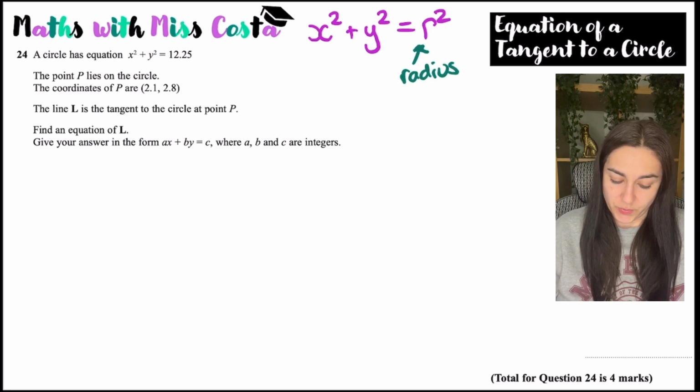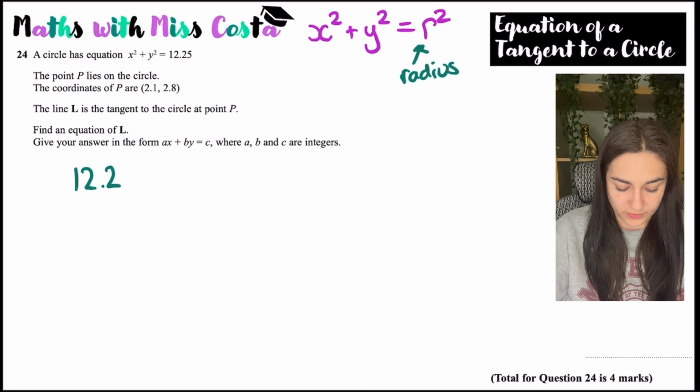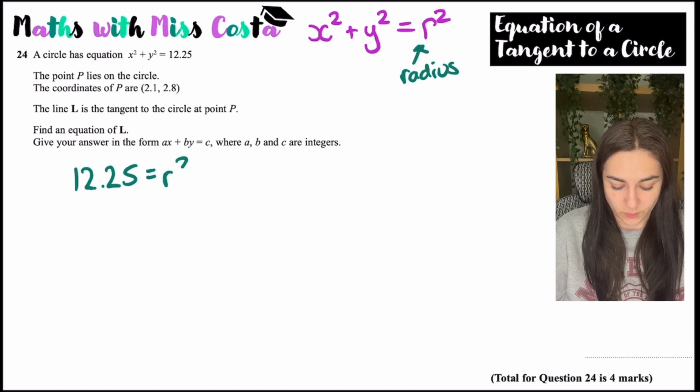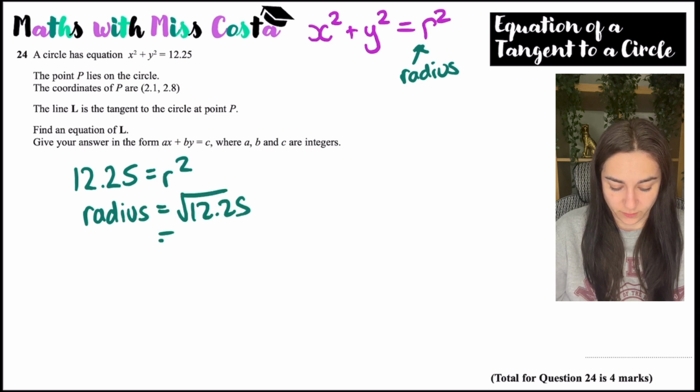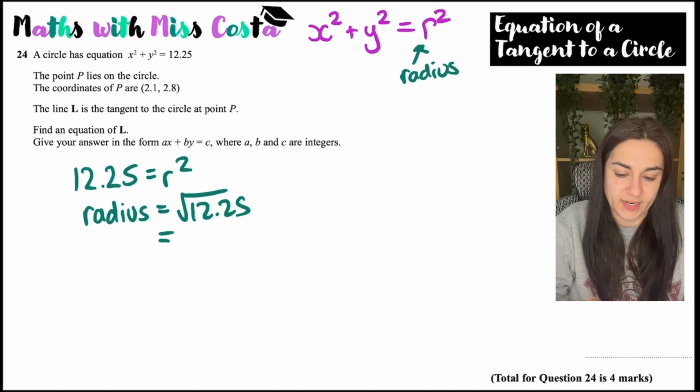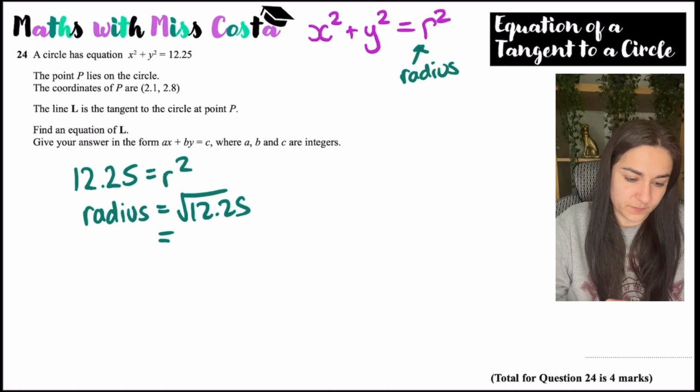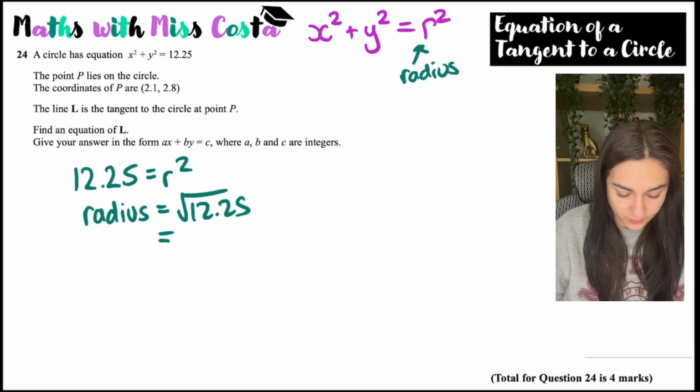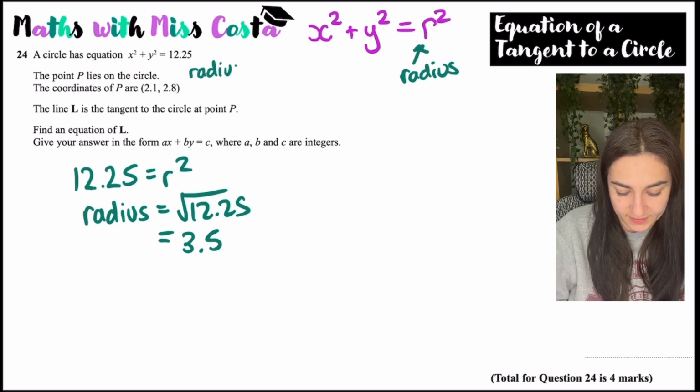Okay, so I know that 12.25 must equal r squared. So the first step I can take is just calculate what the radius must be, which is going to be the square root of 12.25, which is 3.5. So I know that the radius of this circle is 3.5.